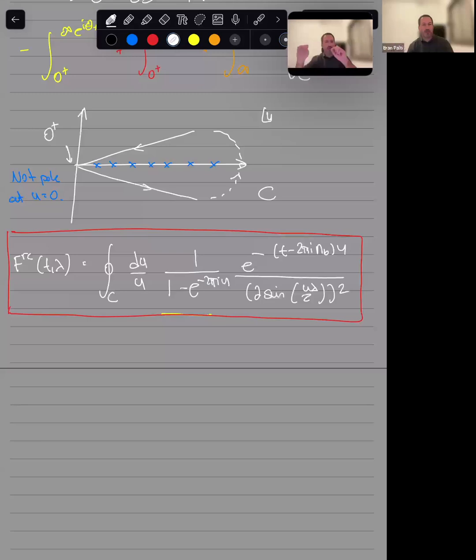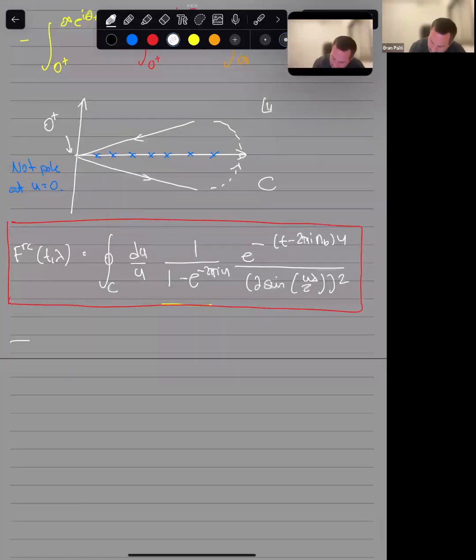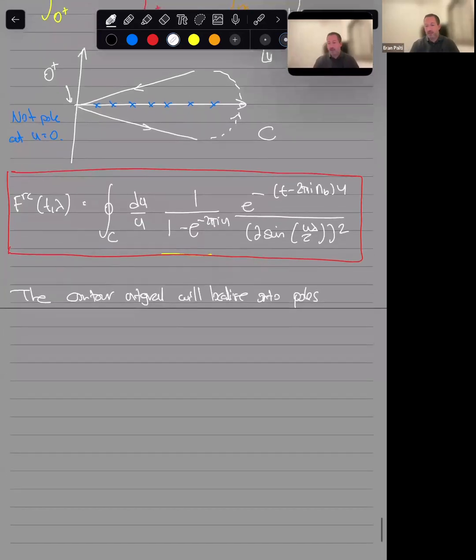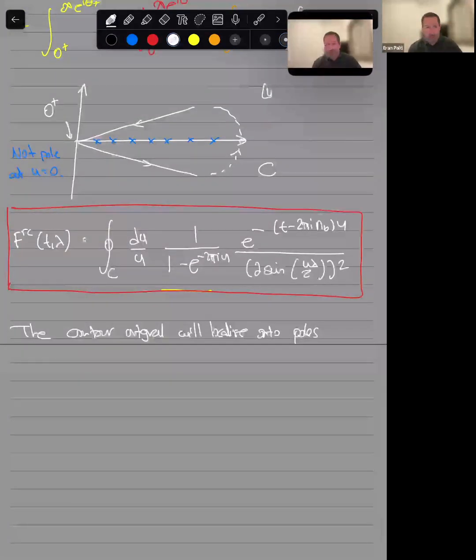We're just going to localize onto those poles. So the contour integral will localize onto poles because that's what contour integrals do. And so we have to think about what are the poles of the integrand.